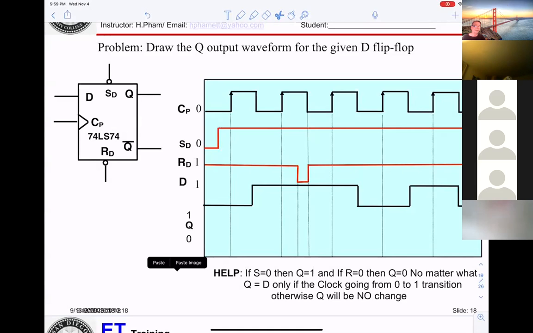Okay, at the beginning, what does Q equal? 0. 1. Oh, that's set. That's preset, right here. Then I know Q must be 1.